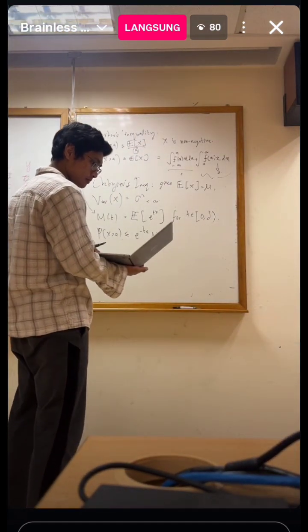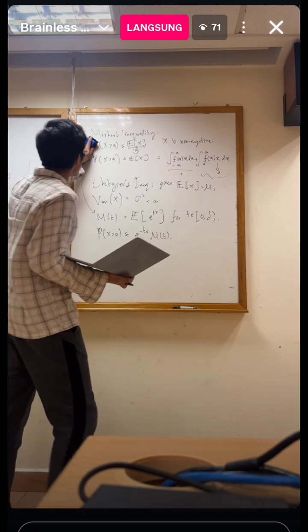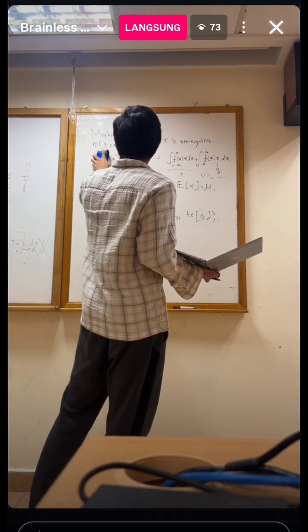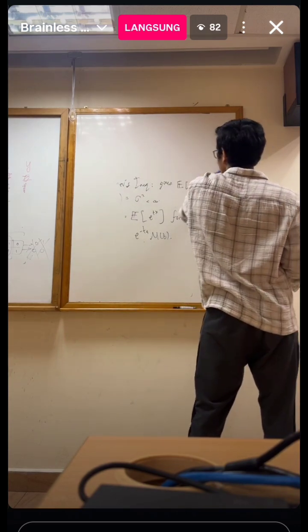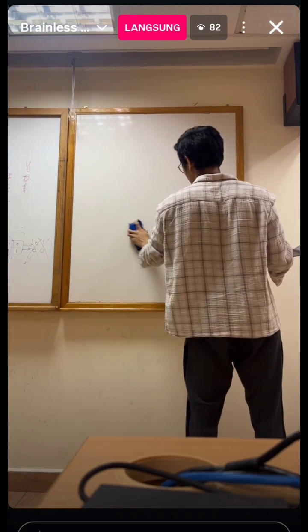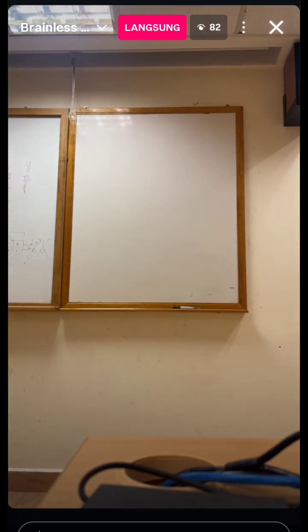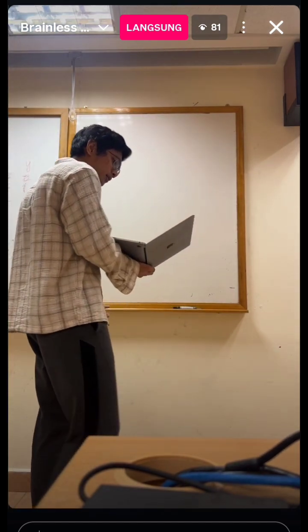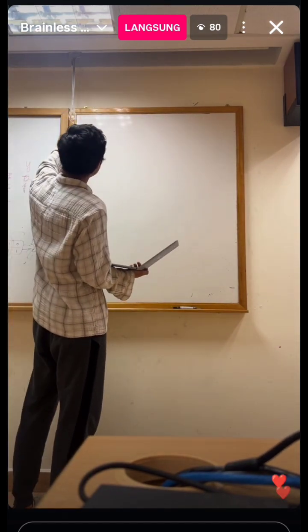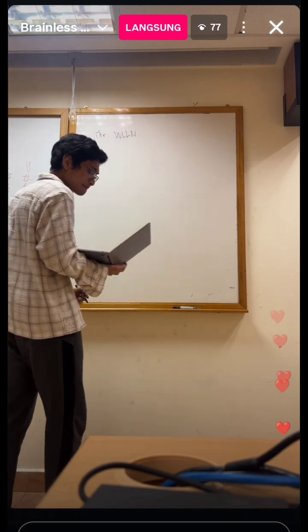So now we try to prove something that I feel a bit fuzzy, which is the weak law of large numbers. So, this is a theorem of the weak law of large numbers.